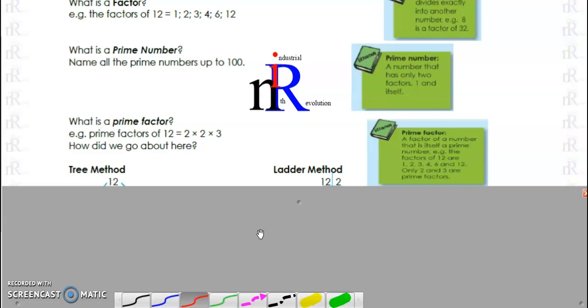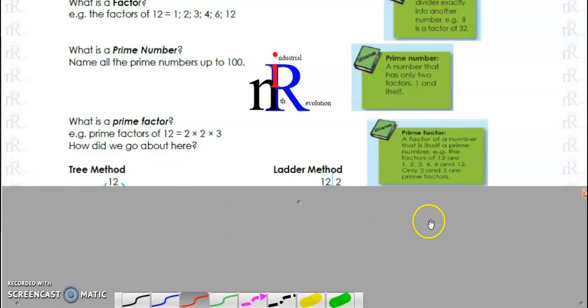So if I have to write 4 in prime numbers, it will be 2 times 2. Therefore 12 in prime factors will be 2 times 2 times 3. This will prove vital when I work with exponents later on. If I can prime factorize, then working with exponents will become very elementary.